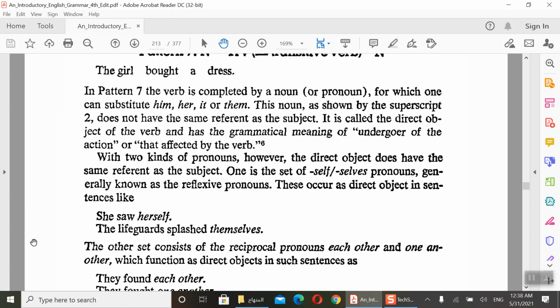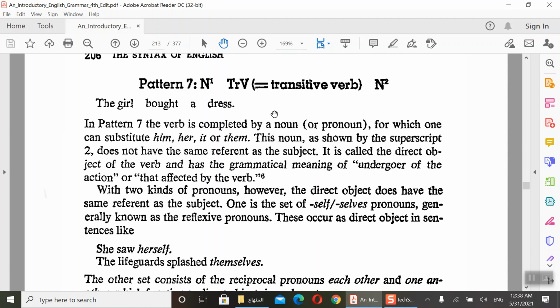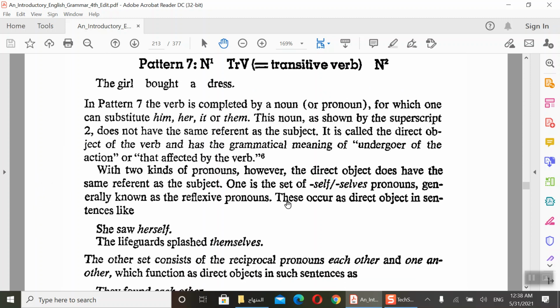With two kinds of pronouns, however, the direct object does have the same referent as the subject. So here we have noun 1, noun 1. One kind is the self or selves pronouns, known as reflexive pronouns.